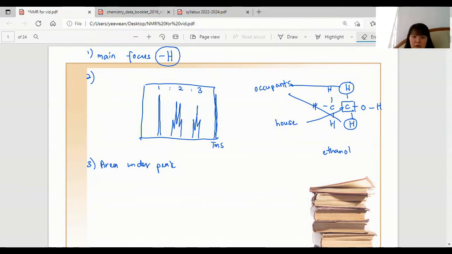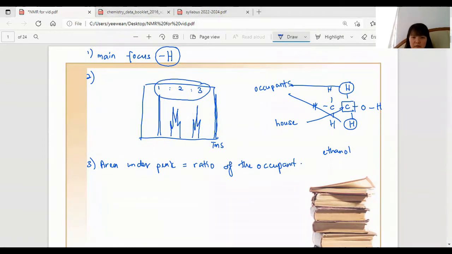If you integrate and get the area under the peak, the area under the peak is the ratio of the occupants, meaning this peak represents one proton, this peak represents two protons, and this peak represents three protons. So these represent the occupants.